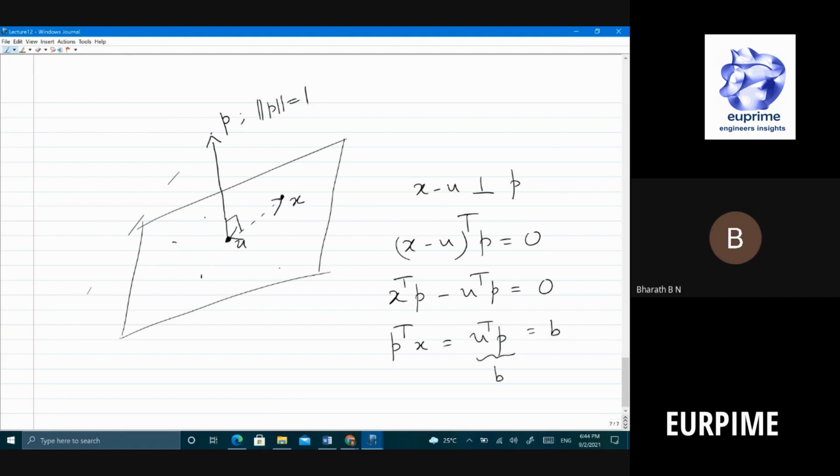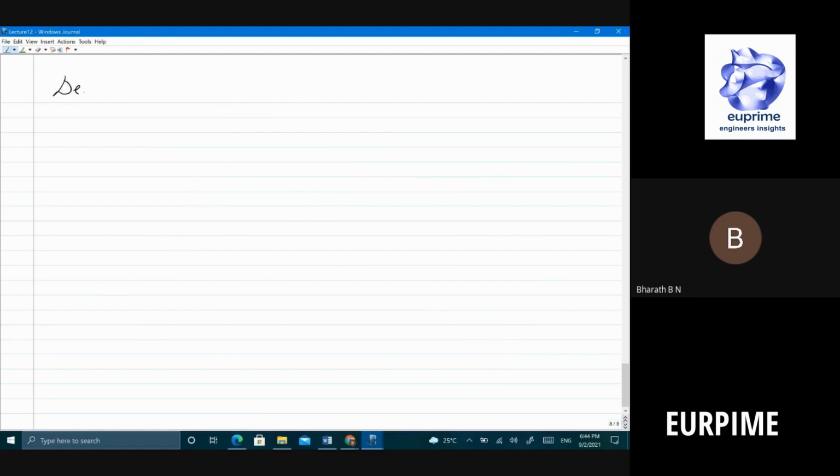So it's b. In general, how do you write a hyperplane? It's A transpose x plus b equal to 0, or A transpose x equal to b. That's how you write your hyperplane. So let's write that as a definition. A hyperplane is described by the following set.